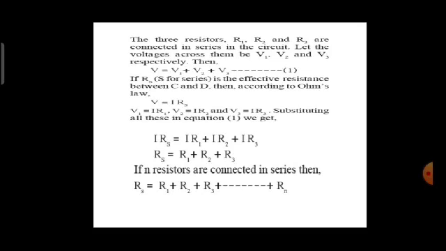It will be equal to I R1 plus I R2 plus I R3. Taking I common on both the sides and dividing it on both the sides, it becomes RS is equal to R1 plus R2 plus R3.